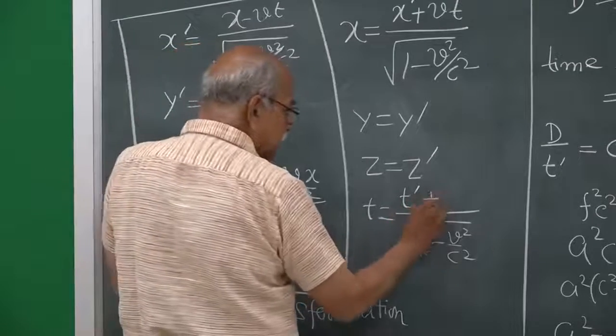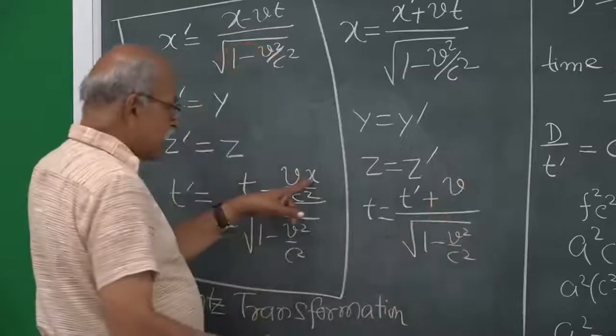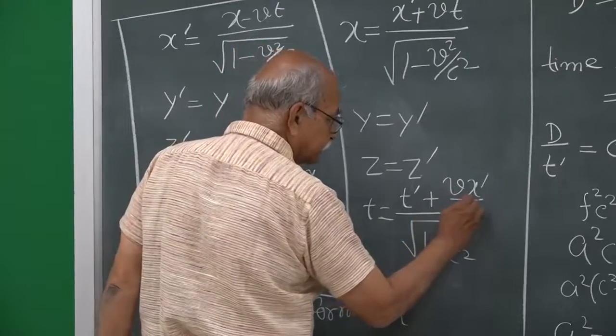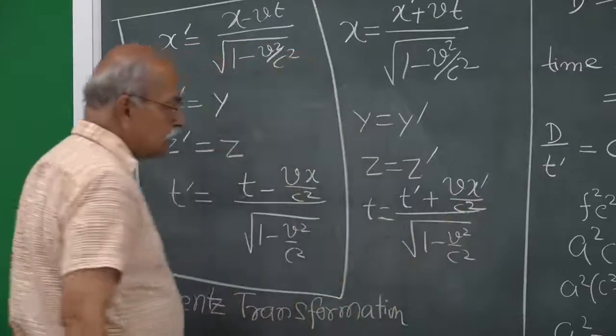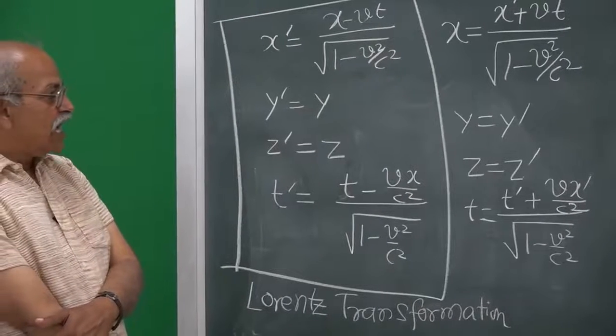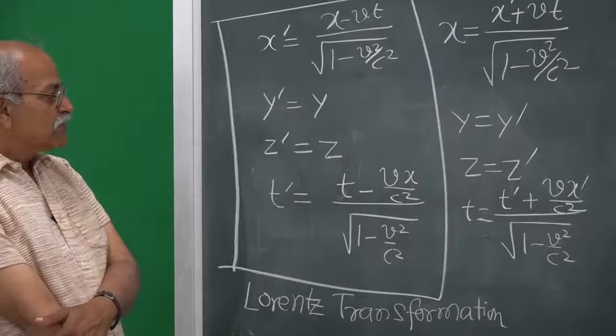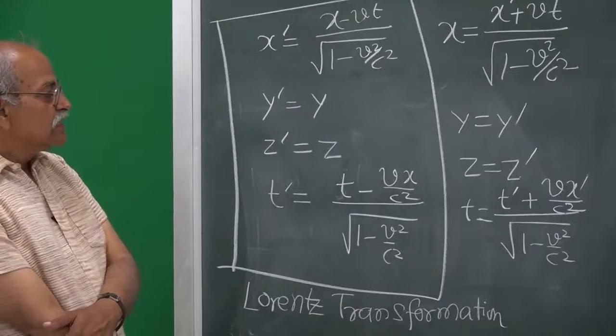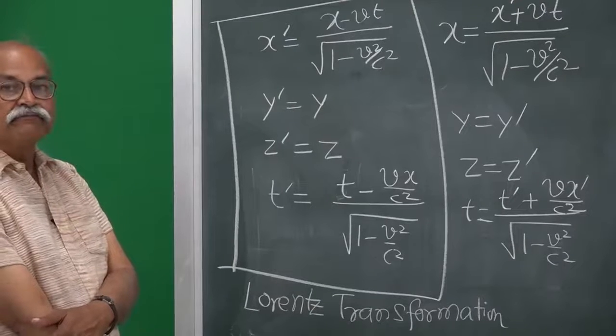So, plus v into x will become x prime, by c square. So, these are the inverse transformations. If you have x prime, y prime, z prime, t prime, and you need x, y, z, t, then you can use these equations.